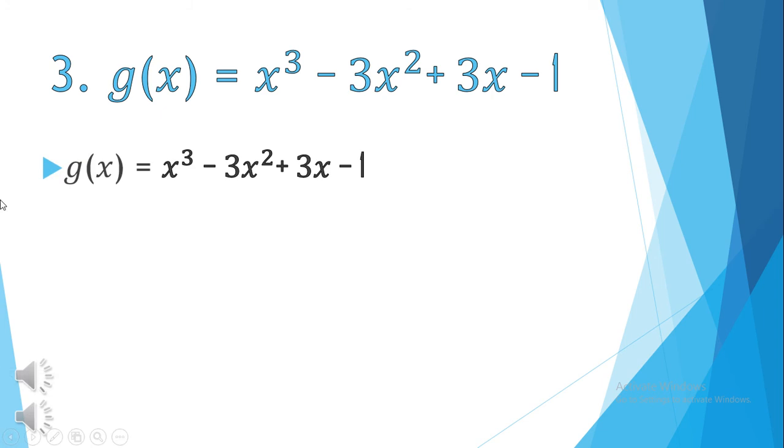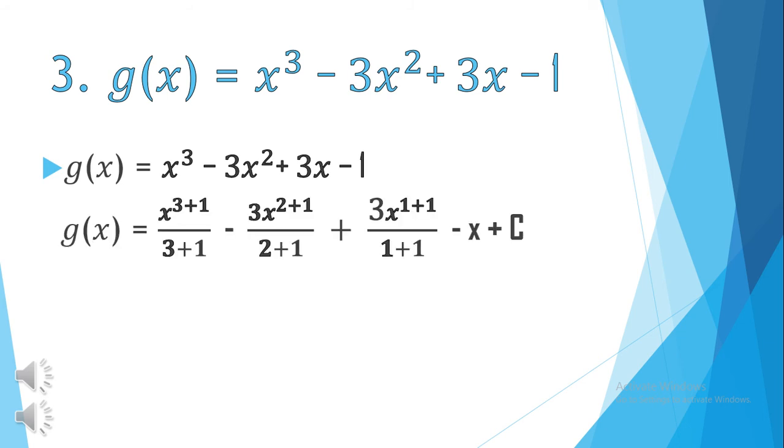G of x equals x cubed minus 3x squared plus 3x minus 1 equals x raised to the power of 3 plus 1 over 3 plus 1 minus 3x raised to the power of 2 plus 1 over 2 plus 1 plus 3x raised to the power of 1 plus 1 over 1 plus 1 minus x plus c.